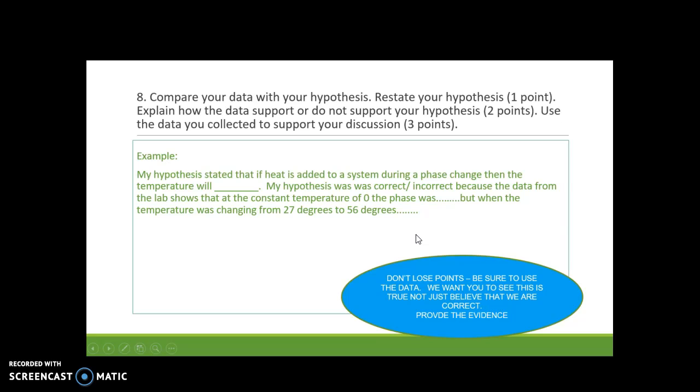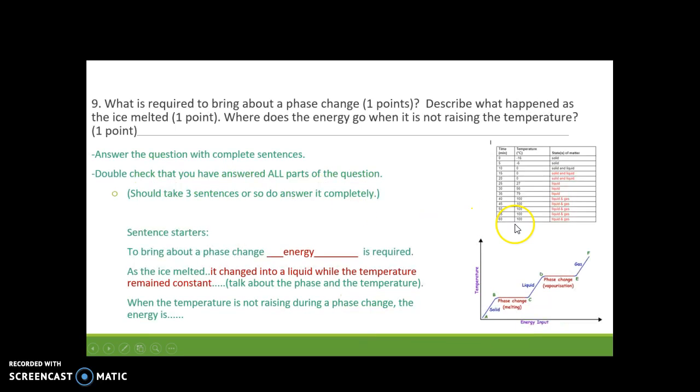All right, so that means we need to do some thinking. We have to figure out why the temperature is not raising when there's two states of matter, but it's raising when there's one. So let's think about this and let's try to figure it out.